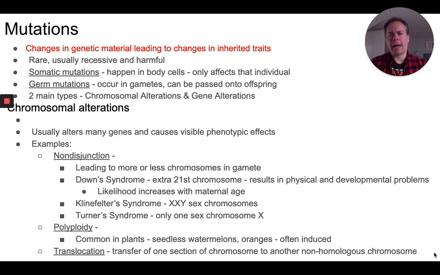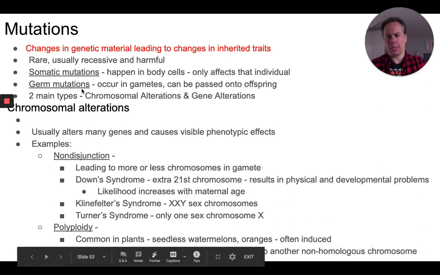And so mutations that happen in body cells, okay, only affect that individual. So the only time a mutation can actually be passed on to the next generation is if it occurs in the gametes, in the sex cells. That's called a germ line mutation.